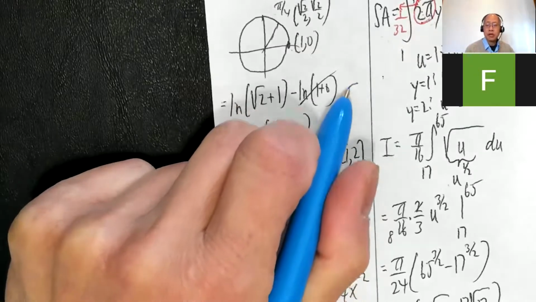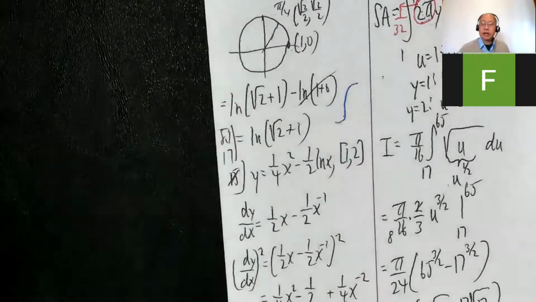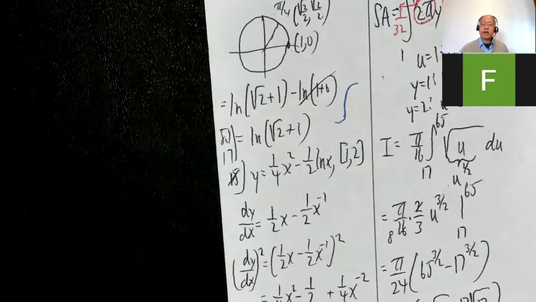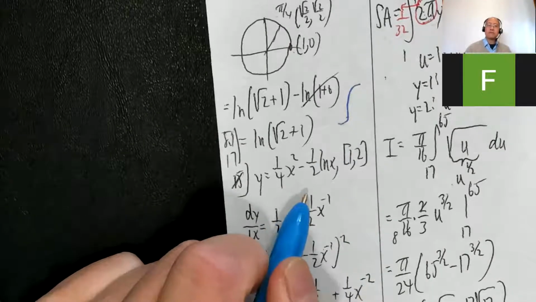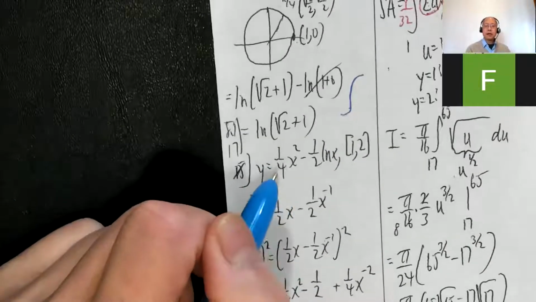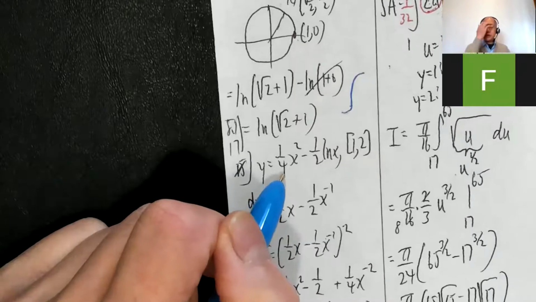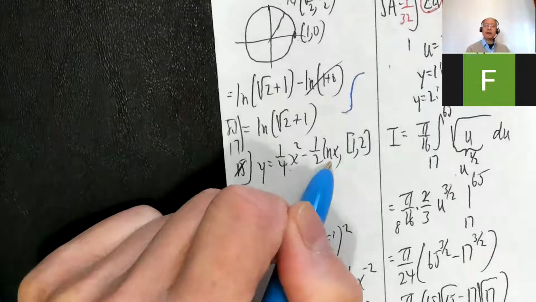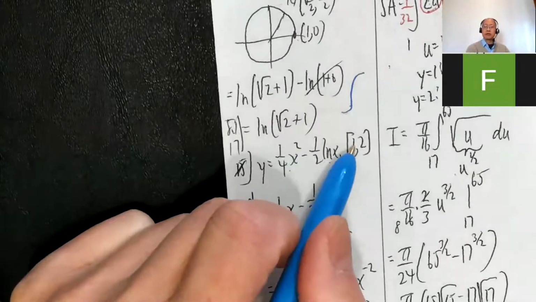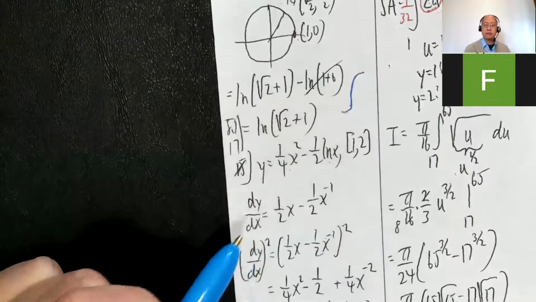If I were to walk along this, what's the length? And this is not a straight line either. We can find distances if they're straight lines, but what if they're curves? Well, we have a way to do it now. So for this crazy looking curve, whatever it is, there's a quadratic and natural log combined. So whatever, between 1 and 2, we're able to find the arc length.